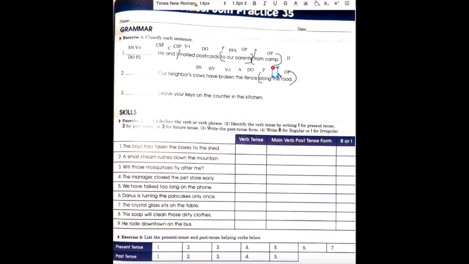The is always an article adjective. Whose cows? Our neighbor's cows. Neighbor's is answering whose, so it's an adjective. Our is also answering whose, but it's a pronoun, so it's a possessive pronoun adjective.